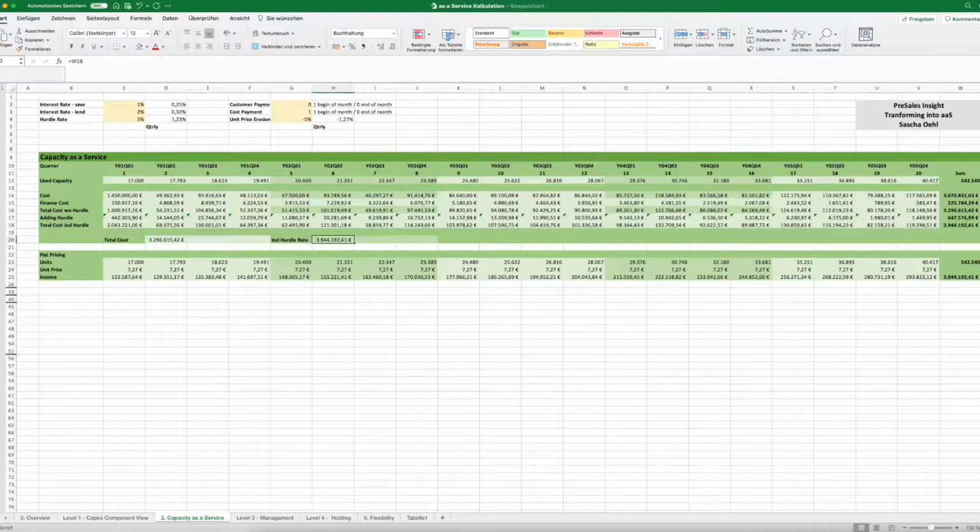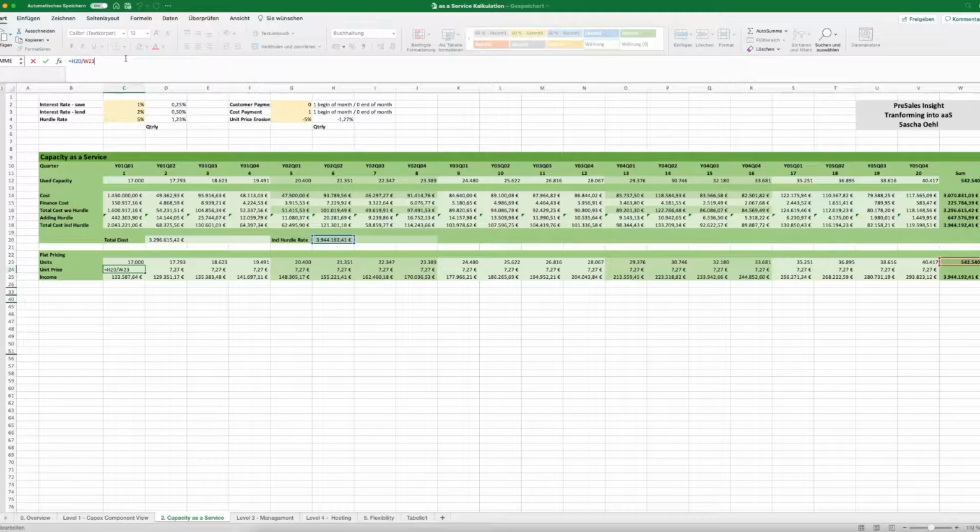In the next step, we think about a flat pricing. So if we have a flat pricing, so the unit has the same cost in each quarter, so there's no price erosion, we can do it pretty simple. You can see it here. We have basically the total cost including the hurdle rate.